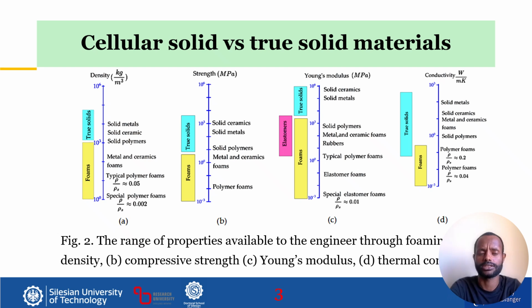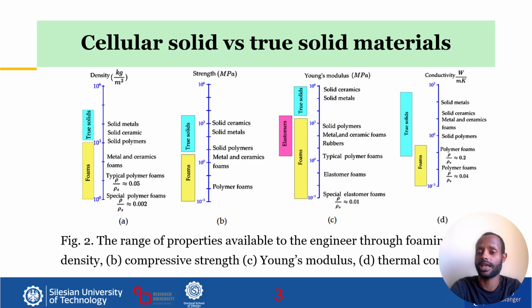Regarding Young's modulus, the same is true here. Its Young's modulus is also much lower than that of true solids. Even its Young's modulus is much lower than that of elastomers. The other one is conductivity. The thermal conductivity is also lower than that of true solids.